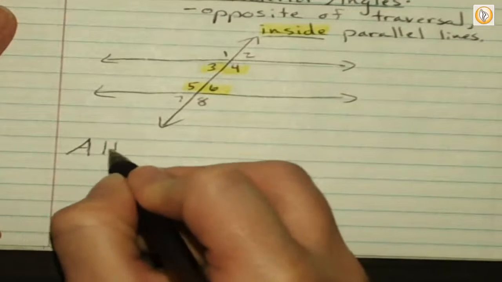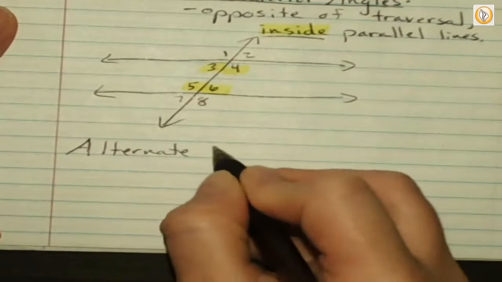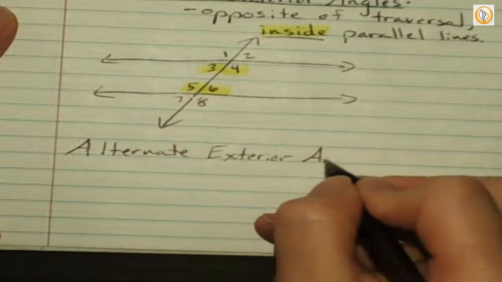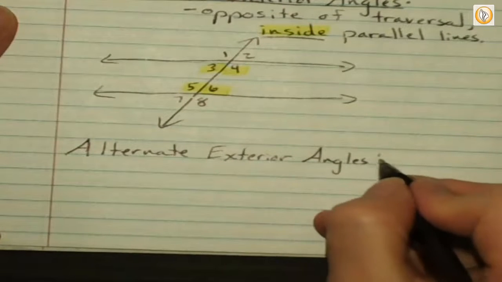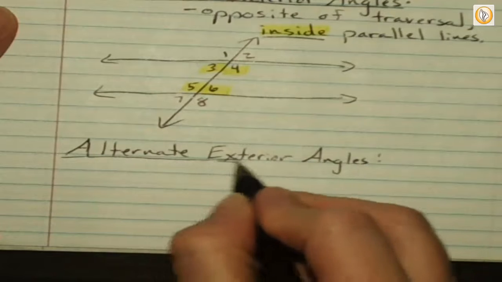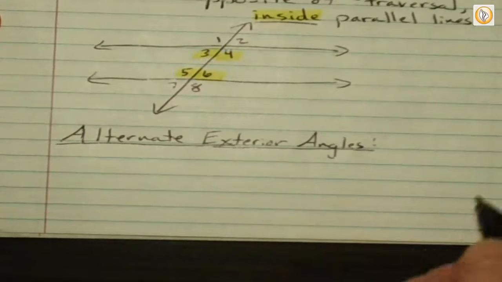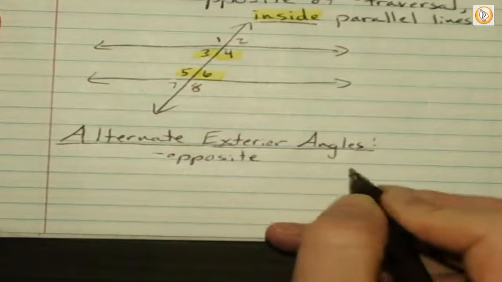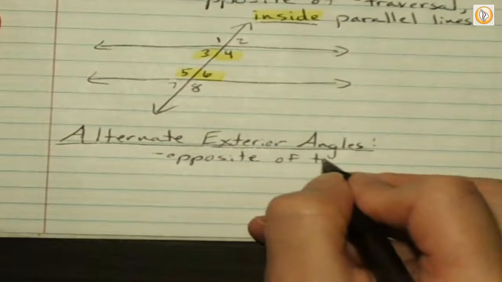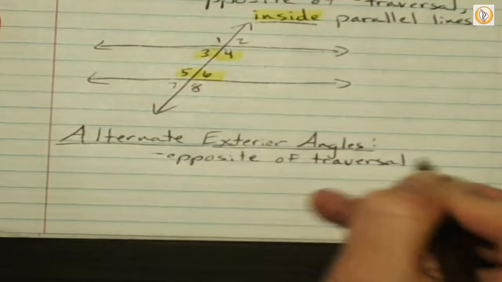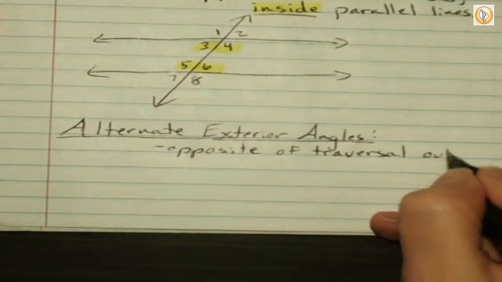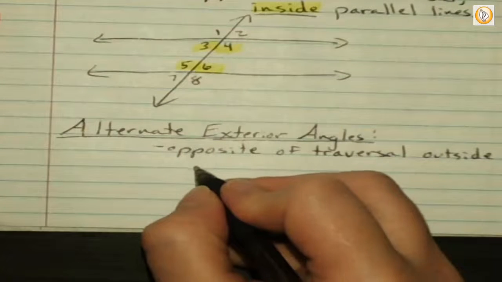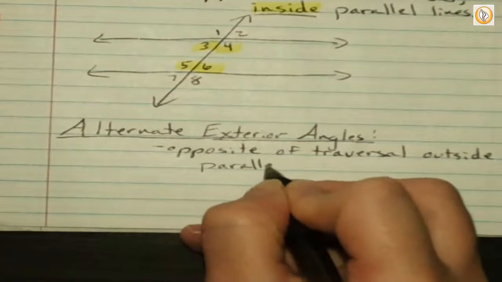And then your alternate exterior angles are opposite of the transversal, outside the parallel lines.